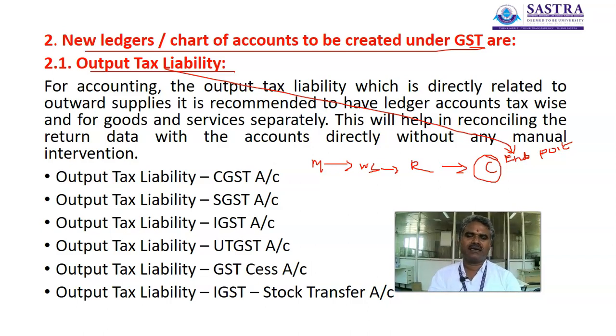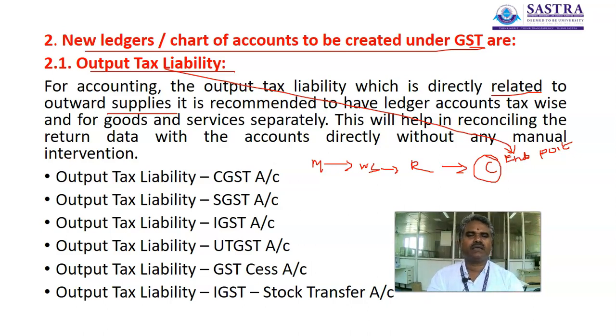So output tax is nothing but tax on sales. When our product goes out, at that time we have to collect tax. This is called output tax, or simply tax on sale. The output tax directly relates to outward supply, which means going out.